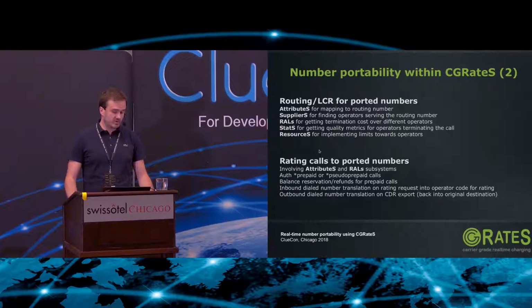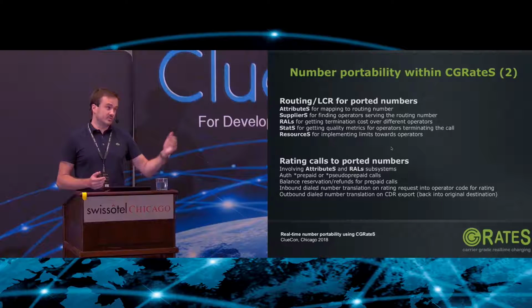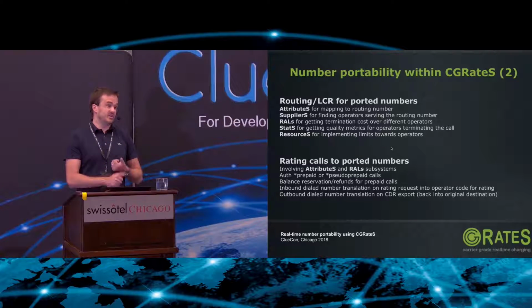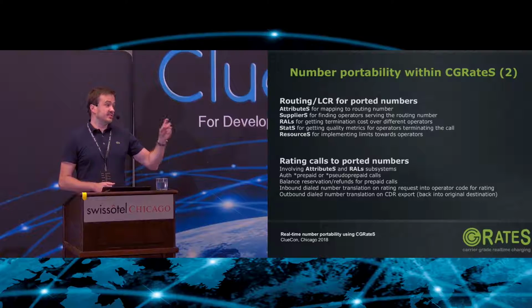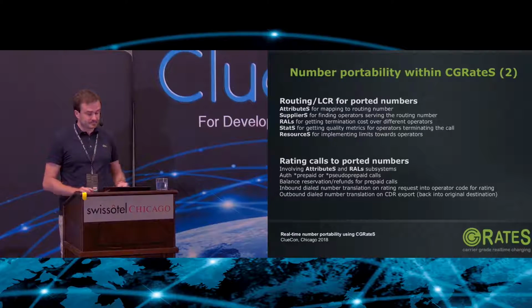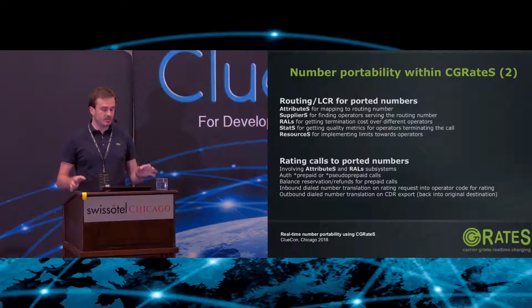And you also have resources for implementing limits towards operators. So not only do you find the cheapest and the best quality, but you also need to find the one which still has channels available for you. All this can serve together when deciding where to route the call.